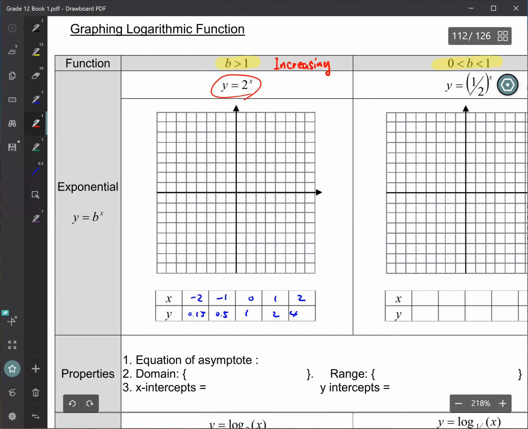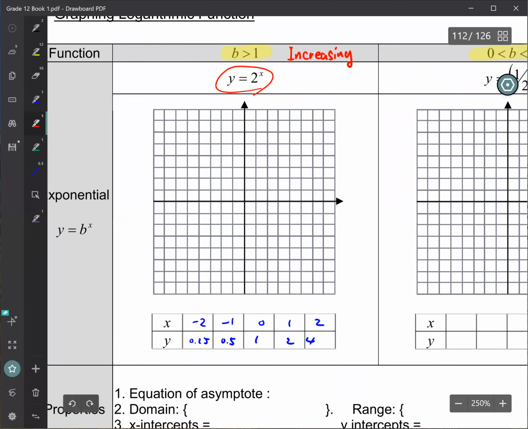So let's plot those. -2, 1 over 4. -1 is half. 0, 1; 1, 2; 2, 4. And then we also have an asymptote line, so you can extend it because it's right on the x-axis.